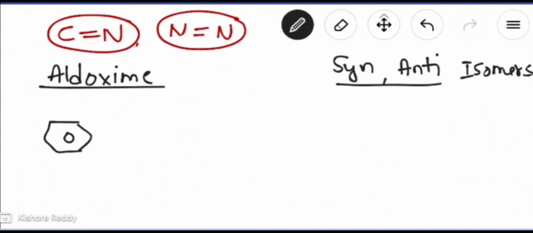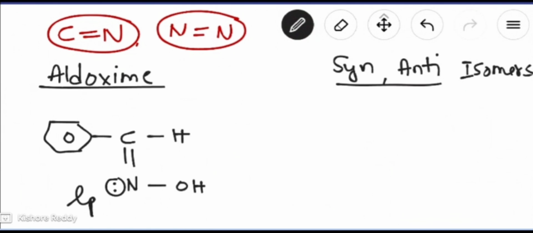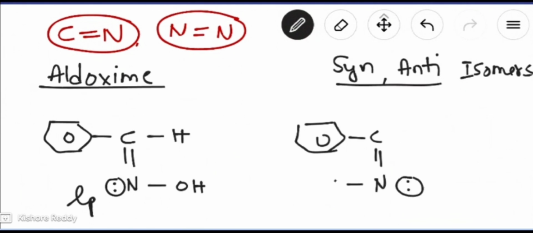C6H5, that is the phenyl group, is connected to C=N like this, and this is OH and this is H. Here you know very well you have a lone pair of electrons. Now on the other side, I can also represent this lone pair here and take OH here.